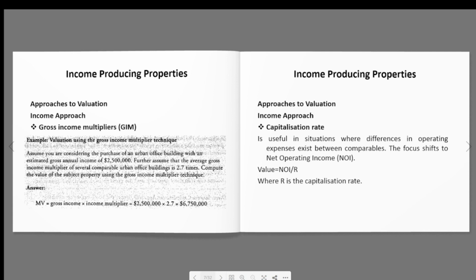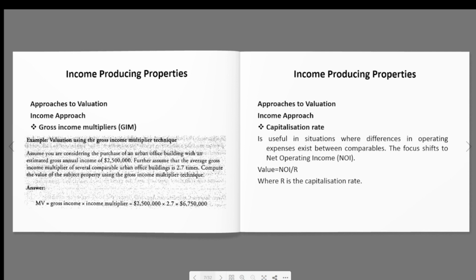Compute the value of the subject property using the gross income multiplier technique. So with this, you'll simply multiply the 2.5 million by the gross income multiplier, and with that, you'll be able to compute the value of the property. So in this case, 2.5 million multiplied by 2.7, you get 6.75 million.